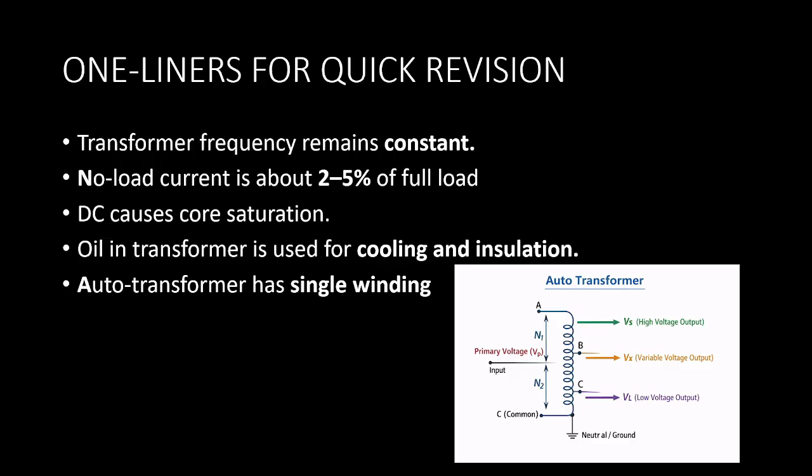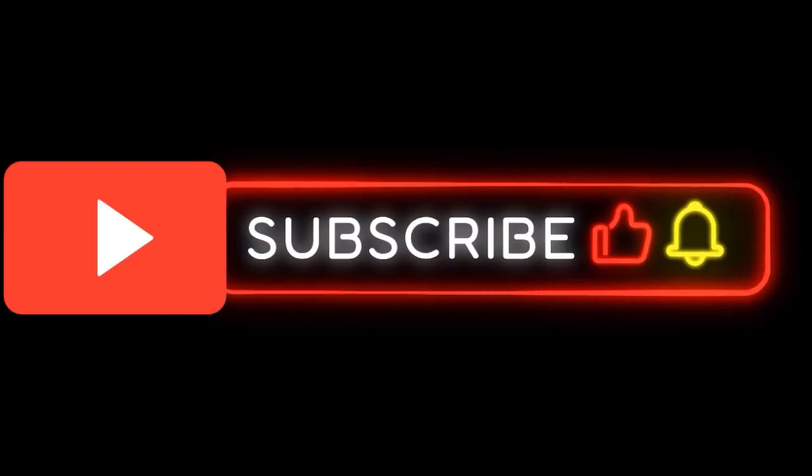So we should use transformer only on AC. Oil in transformer is used for cooling and insulation, and auto transformer has a single winding. Let me show you, this is the auto transformer. As you can see, it has only a single winding.